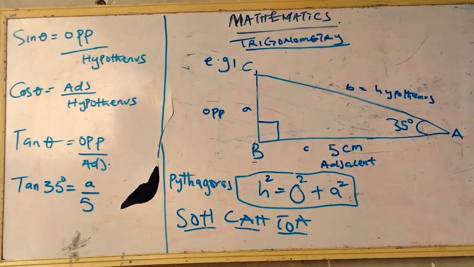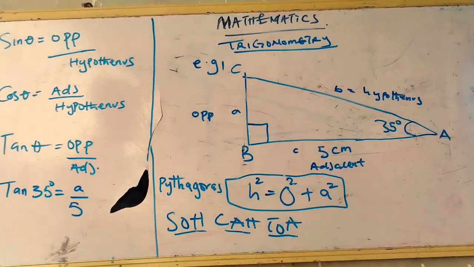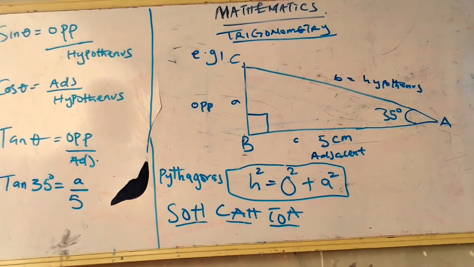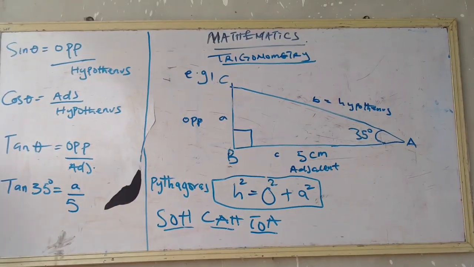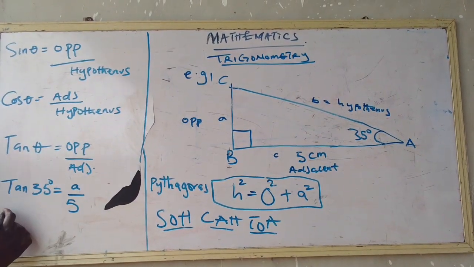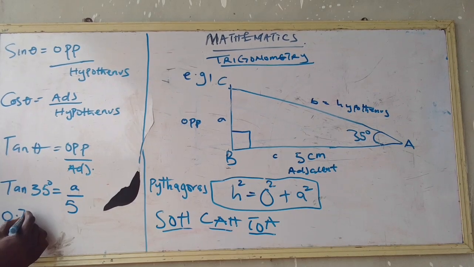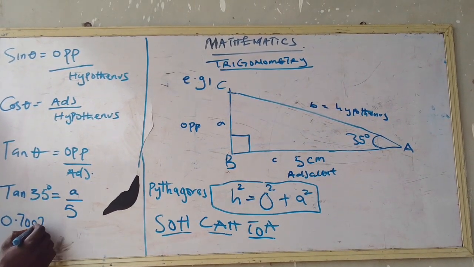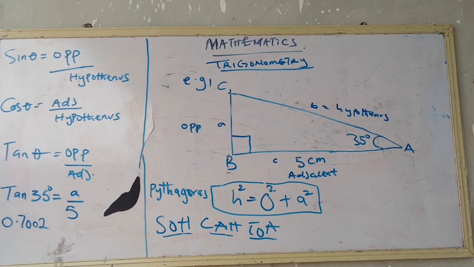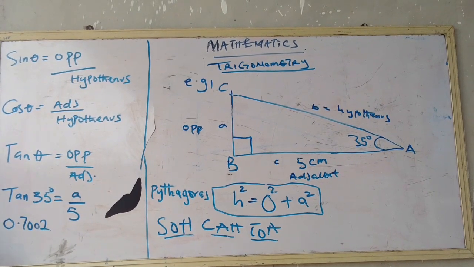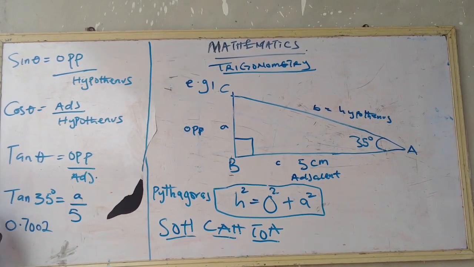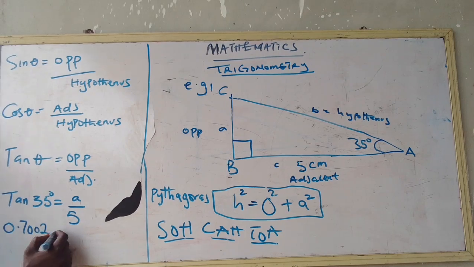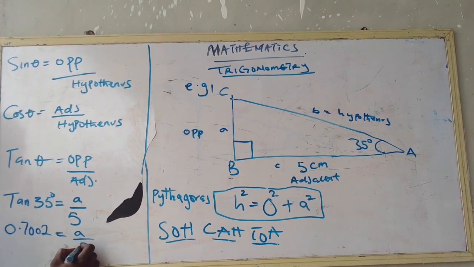Now we look for tan 35 using our calculator. Our tan 35 is 0.7002. You press tan and 35 on your calculator and it will give you this, equal to a over 5.